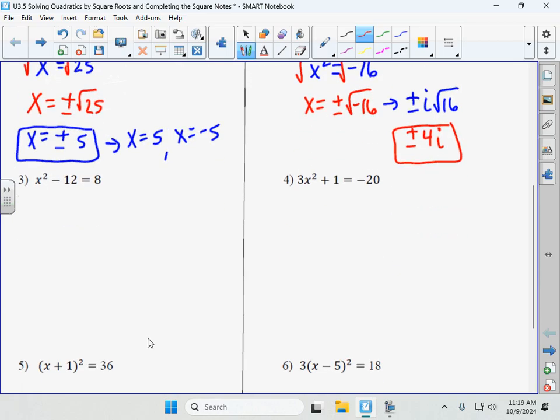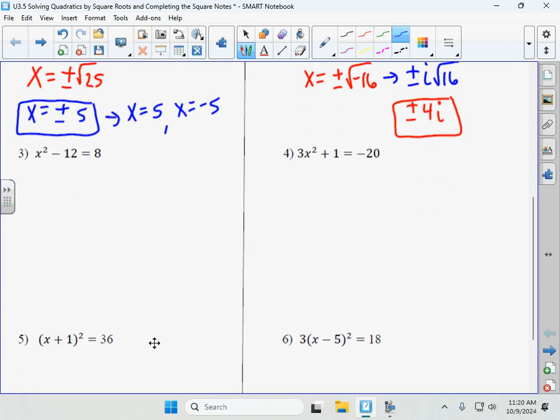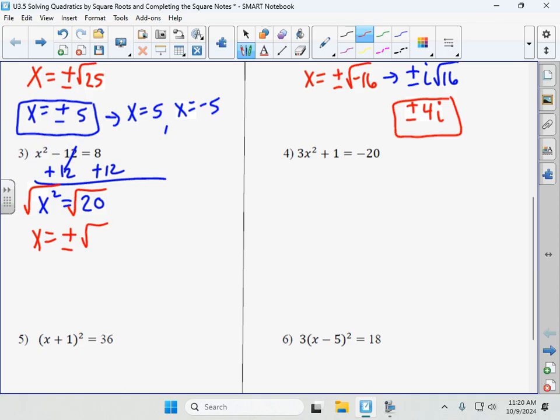Number 3, again, we're going to isolate that x squared term, so I'll add 12. So x squared equals 20. We'll square root both sides to get x equals plus or minus the square root of 20. Now we want to simplify our radicals.